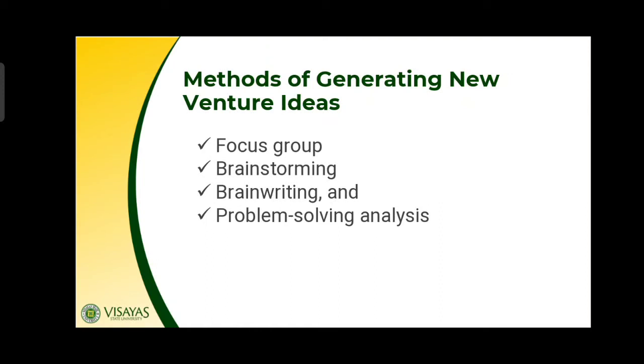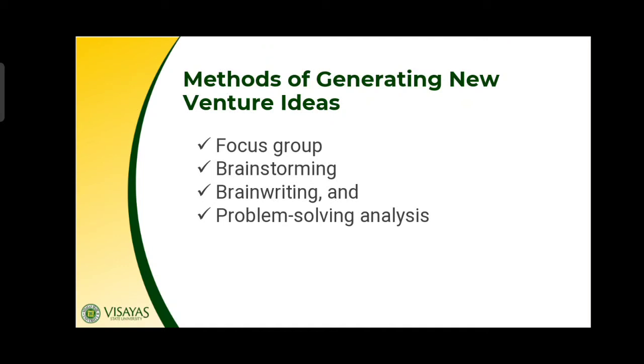The problem solving, on the other hand, is the act of defining a problem, determining the cause of the problem, identifying, prioritizing, and selecting alternatives for a solution, and implementing a solution. So that is for problem solving analysis.